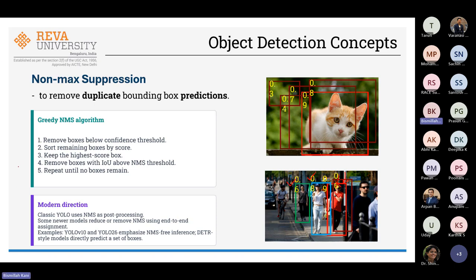This NMS is one of the key concepts, but it is also one of the areas where a lot of errors happen, because we cannot accurately filter out one. Sometimes in that process we eliminate the correct ones and keep the wrong ones, right? It's all just heuristics.